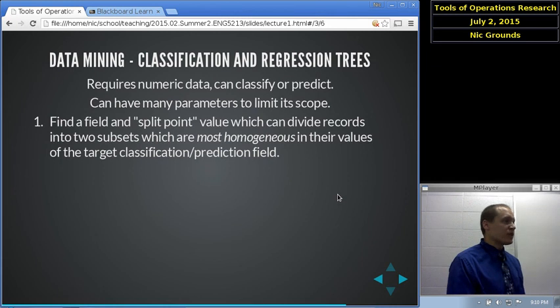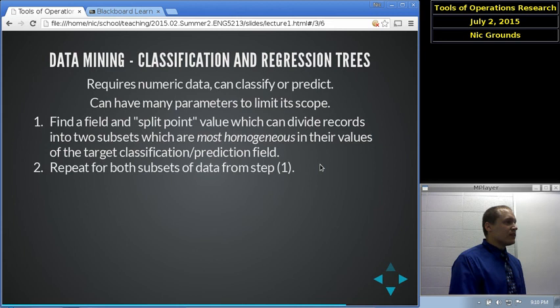We'd have a way to predict every record with something like 100% accuracy based on one thing alone. Usually, obviously, we're not going to find such a perfect thing. So we're just going to do the best we can, pick a field and a split point value that gets us as close to homogeneous subsets as possible.